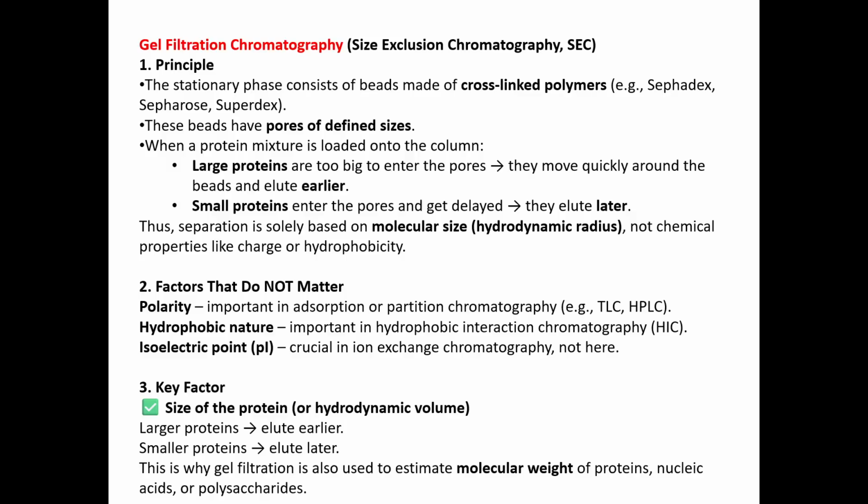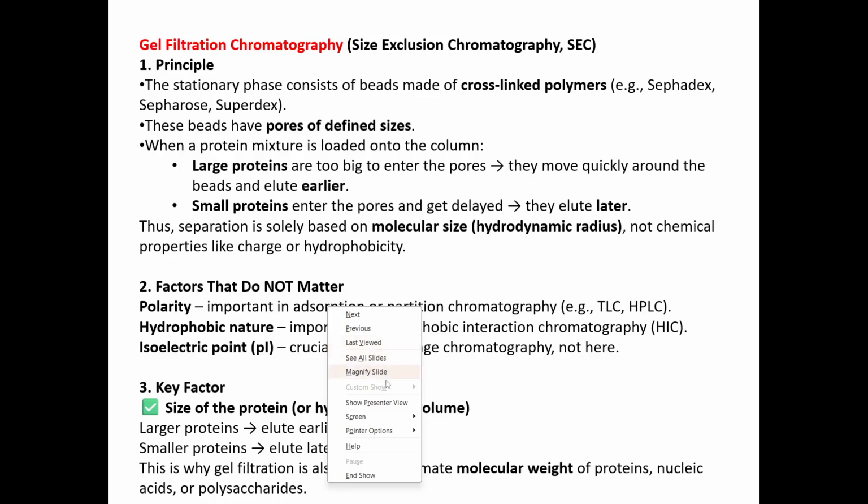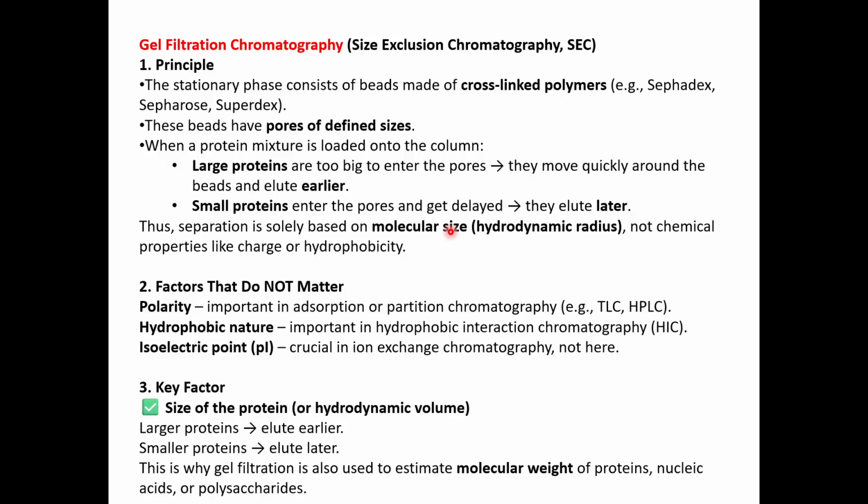The basic principle behind gel filtration chromatography is separation based on the size and shape of your proteins. Here we have a stationary phase which consists of beads. These beads are made by cross-linked polymers like Sephadex, Sepharose or Superdex.